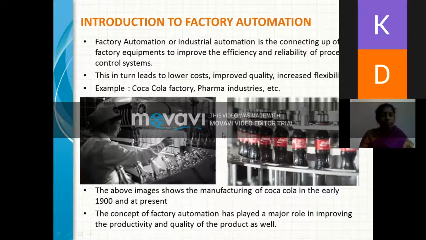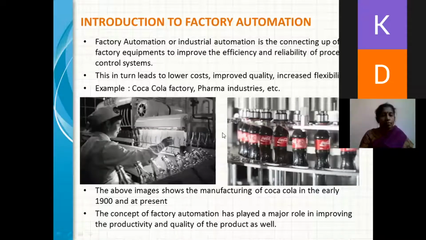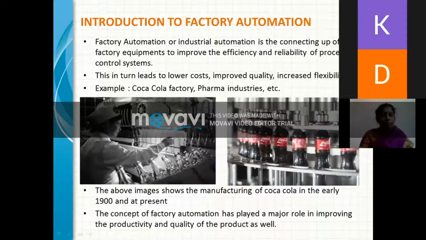Humans are prone to make mistakes. There might be some mistakes in filling of the air. There might be some human errors, but in automation, that is completely avoided, and you can present a manufacturing unit with less human error. So that is the advancement in factory automation.